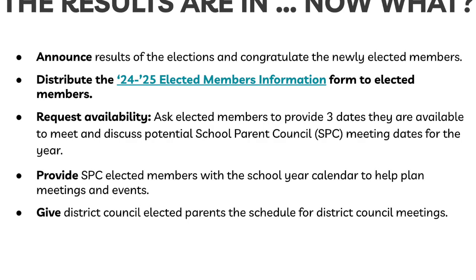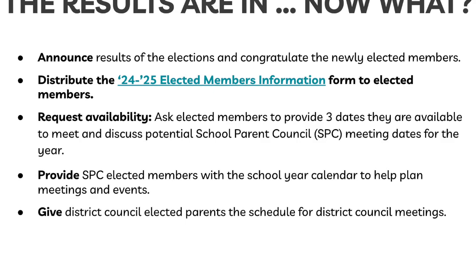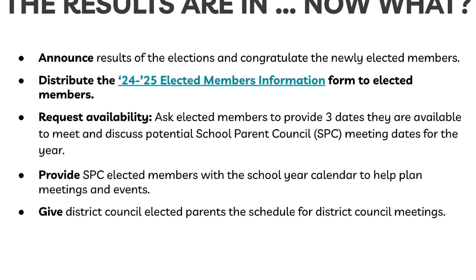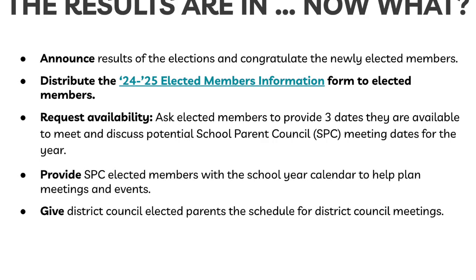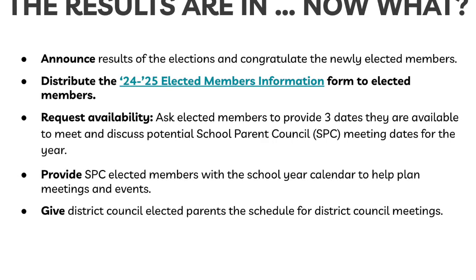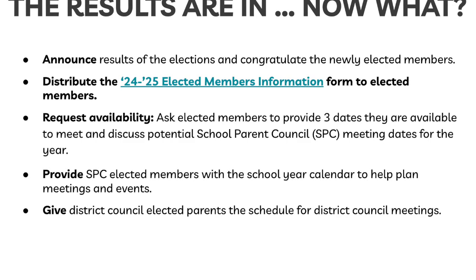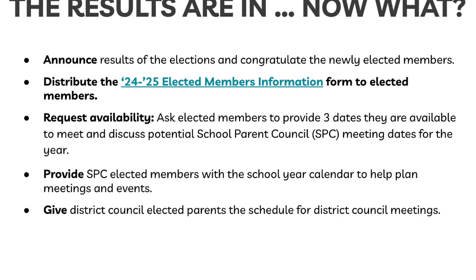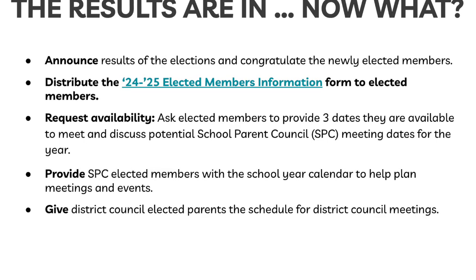We'll distribute the 24-25 elected member information form to elected members. We need to collect your information to make sure we're able to reach out to you in a timely fashion to share information, to discuss meeting dates, to discuss the plans moving forward as a collective.